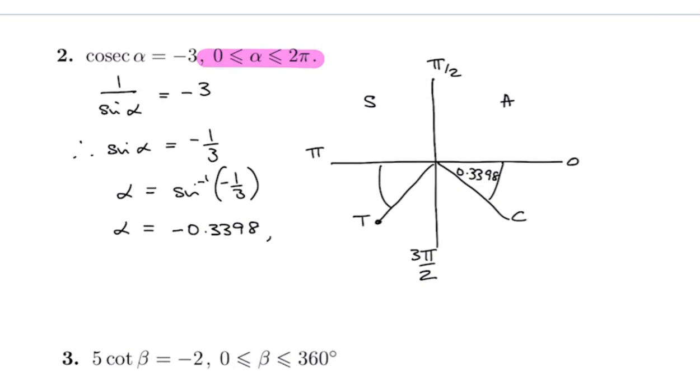It's here in the tan section, 0.3398. So actually the 2 answers we want are pi plus 0.3398, which comes out as 3.48 to 3 significant figures. And this one is 2 pi minus 0.3398, which comes out as 5.94 to 3 significant figures.